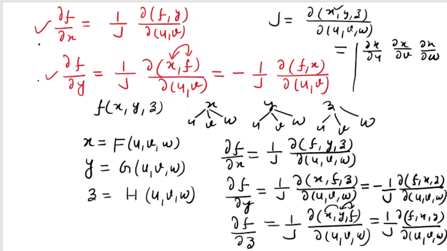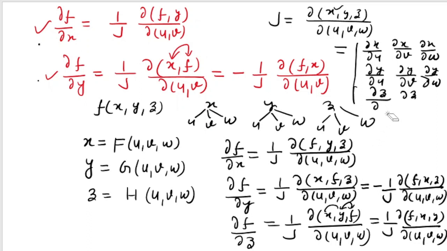So first I fixed x and then differentiated partially with respect to u, v and w. Then I will fix y: del y by del u, del y by del v and del y by del w, right? And then I will fix z and I will write del z by del u.